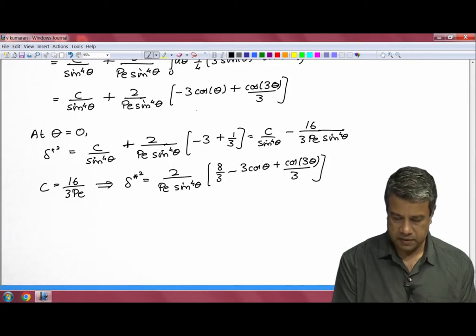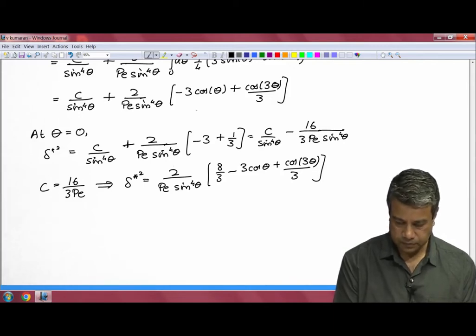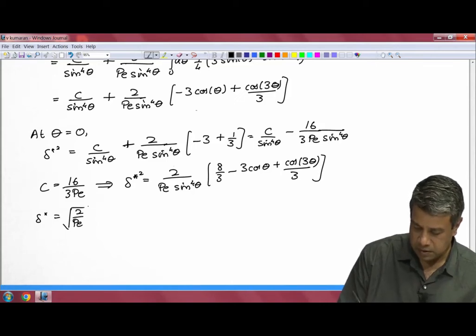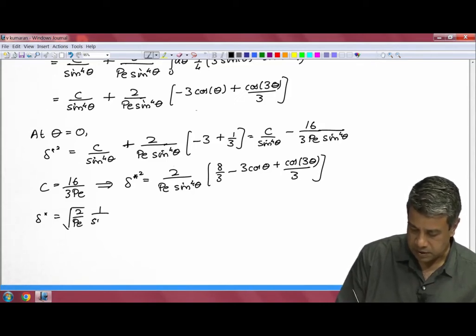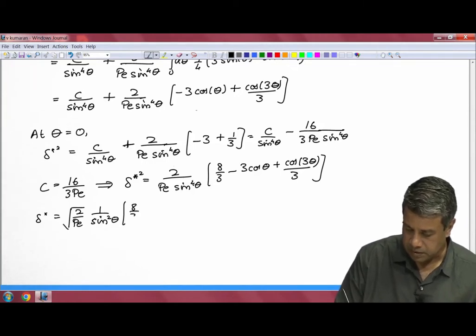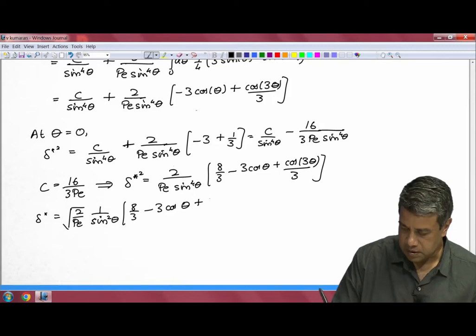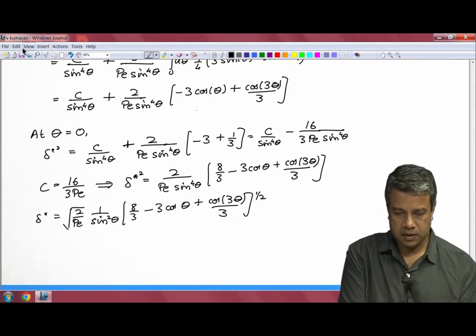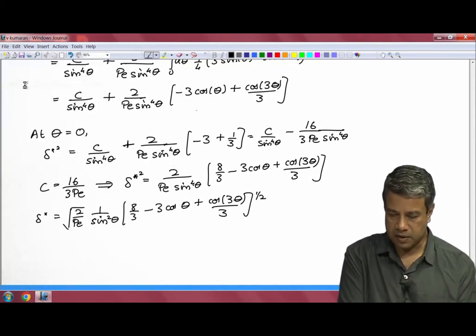So, this is the expression for the boundary layer thickness, and delta star is going to be equal to root of 2 by Pe, 1 by sin square theta, into 8 by 3 minus 3 cos theta plus cos of 3 theta by 3, whole power half. So, that is the expression for the boundary layer thickness.